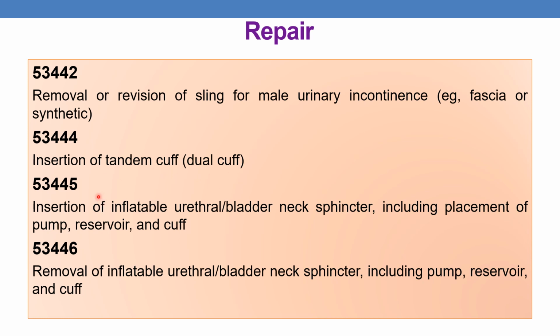The next is 53445, insertion of inflatable urethral or bladder neck sphincter, including placement of pump, reservoir and cuff. The next is 53446, removal of inflatable urethral or bladder neck sphincter, including pump, reservoir and cuff.